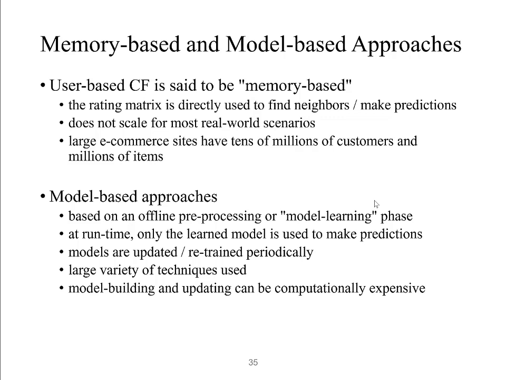So the model is pre-trained. At runtime, we only need the learned model, and we use it to make predictions. Right? So at runtime, we apply the learned model with the input of a user and different items, do the prediction, and take those items with the highest predicted ratings as the results, to be recommended to the user.